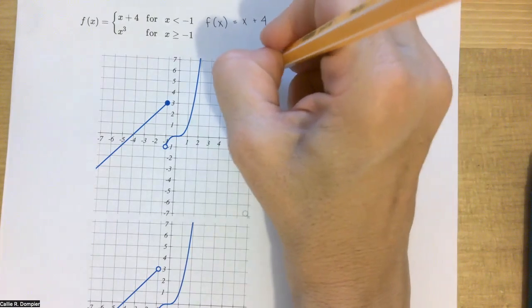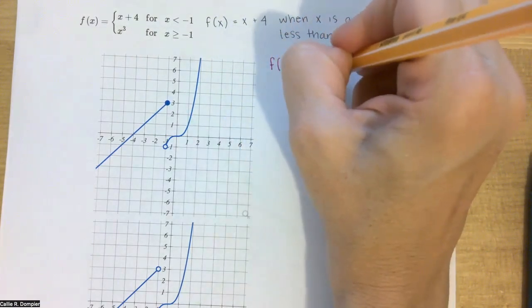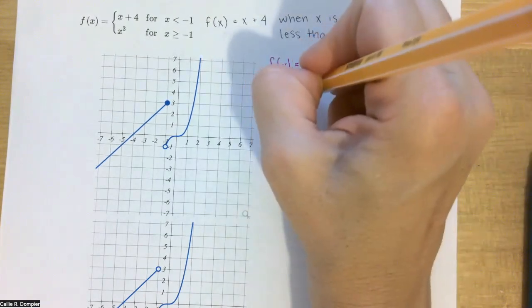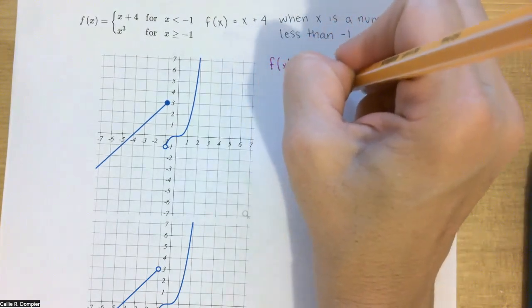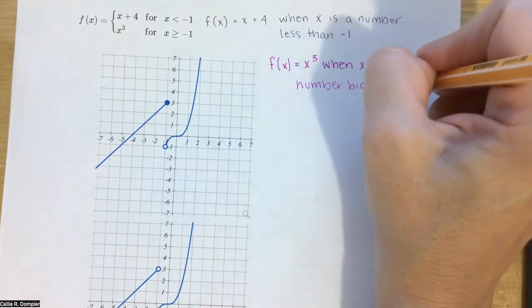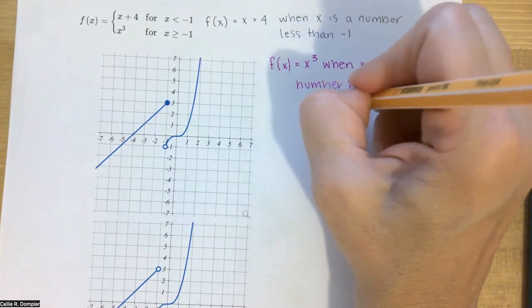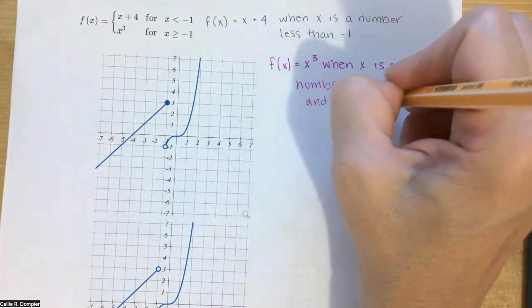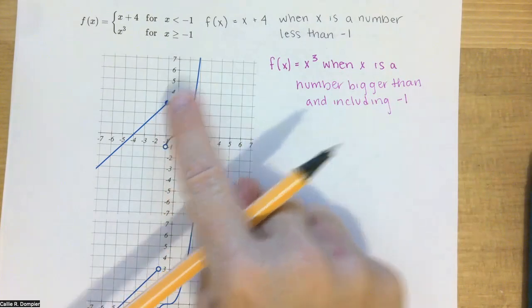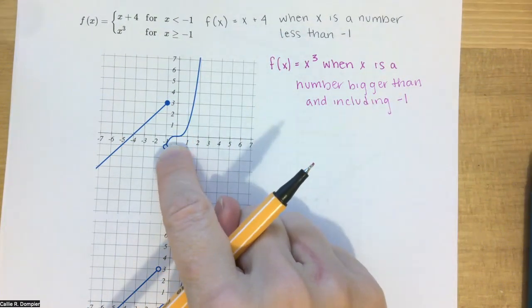F of x is x cubed when x is a number bigger than and including negative 1. So at negative 1, it's going to jump from x plus 4 to x cubed.